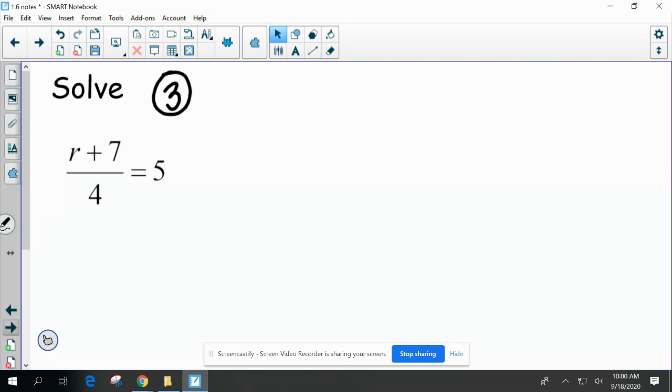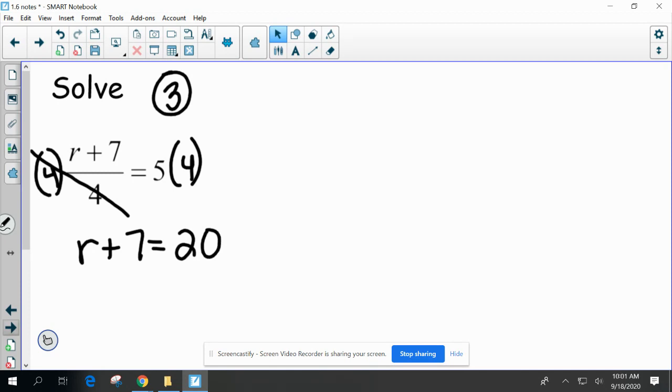What's the opposite of a fraction? Like what's the inverse operation of a fraction? Multiplication. So we're gonna multiply by the denominator to get rid of it. So that would cancel out the 4s, and I would be left with r plus 7 equals 20. So now I just have a one-step equation.